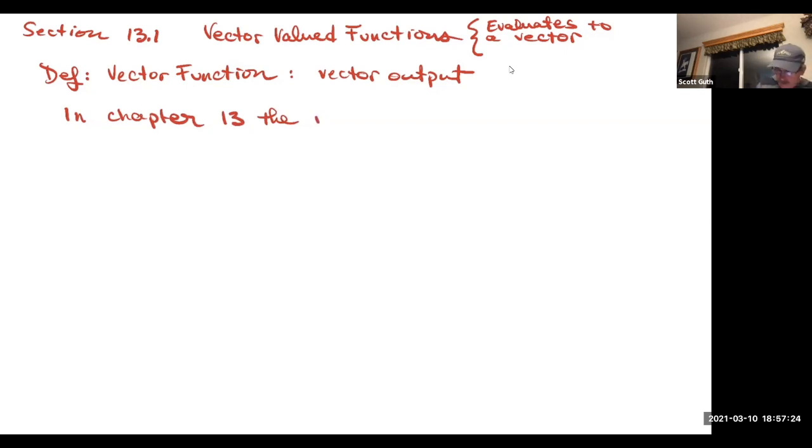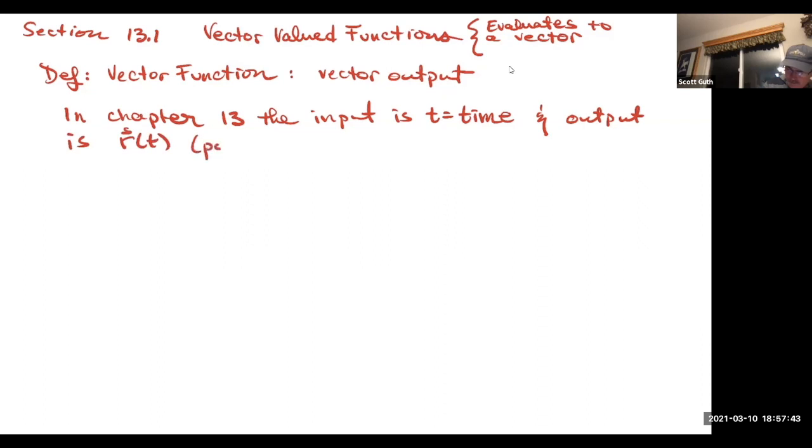I'll say usually, but the input is t for time. And the output is r of t, position. It could be v of t.